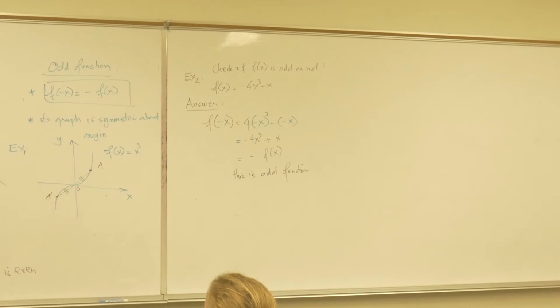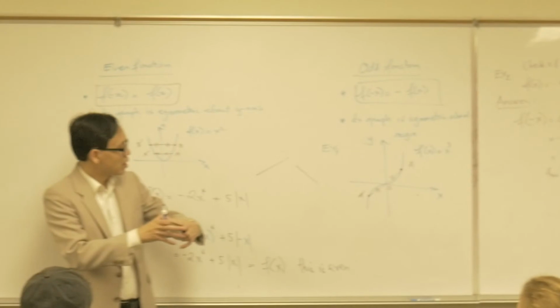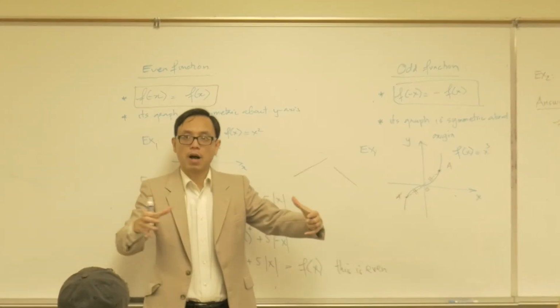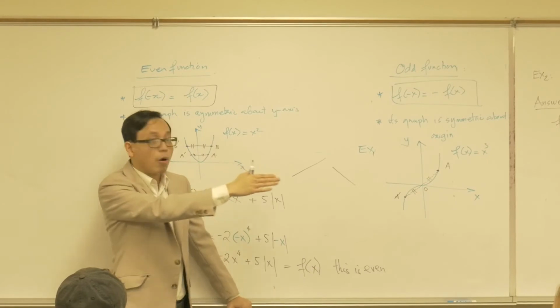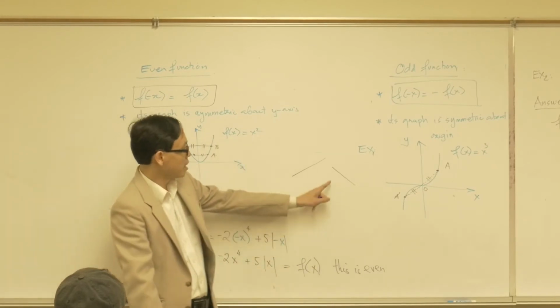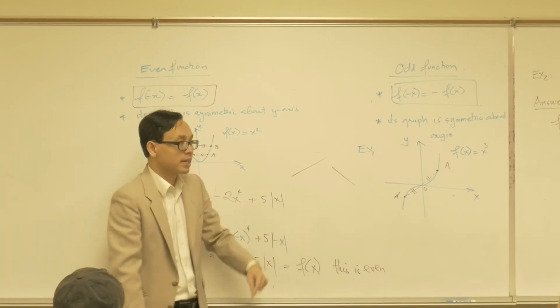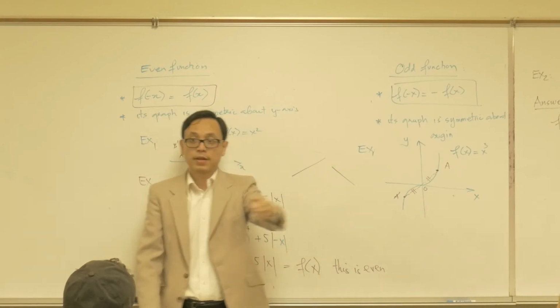So if the slope is positive, the line is increasing from negative infinity to positive infinity, so it's increasing on the whole domain. The same thing over here: if the slope is negative, it's decreasing from negative infinity to positive infinity.